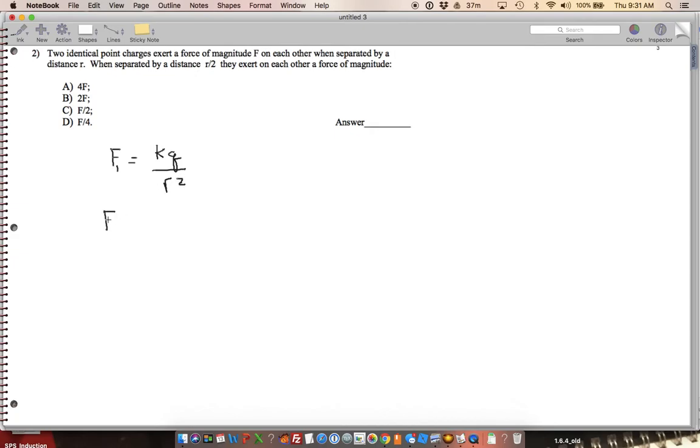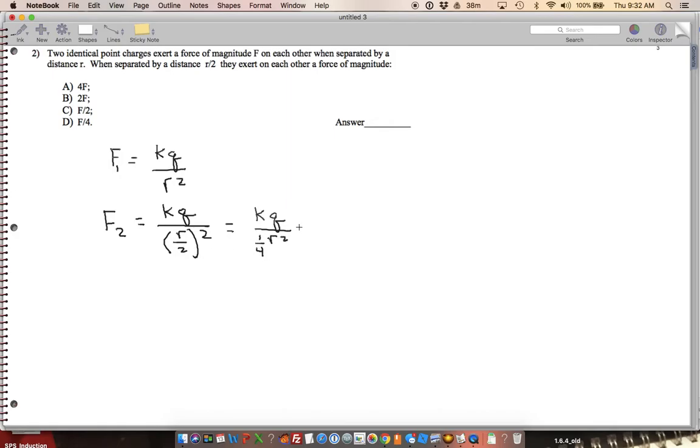Right, so F2 is going to equal KQ, and now instead of R, I'm going to put R over 2. So I've just substituted, right? The distance decreases, so it's half the distance. I plug that new R in, and I'm going to get KQ over R squared times 1/4.